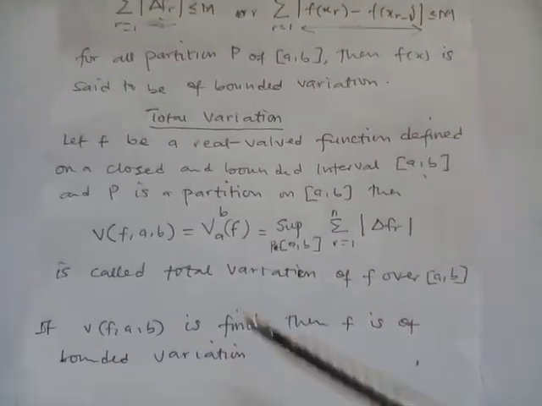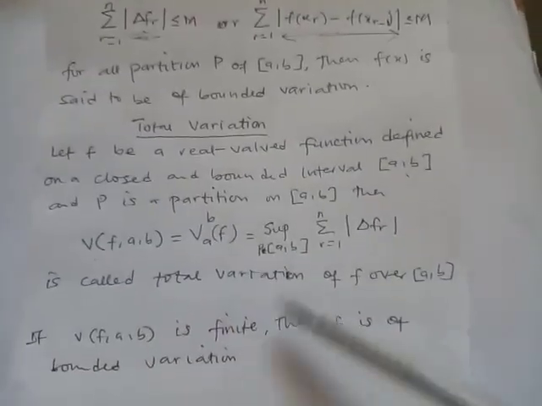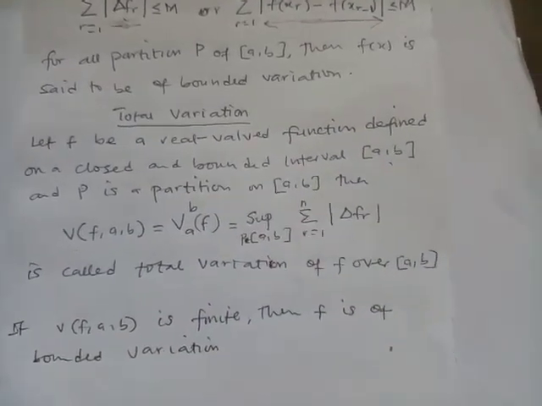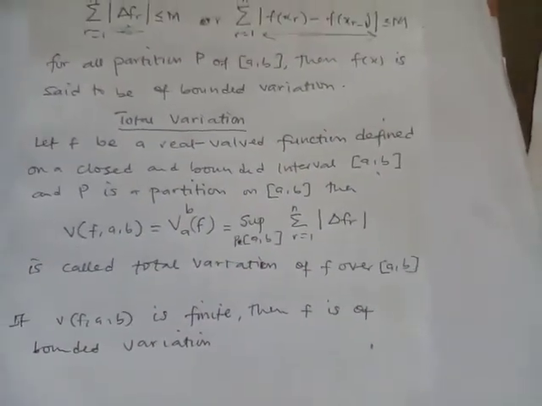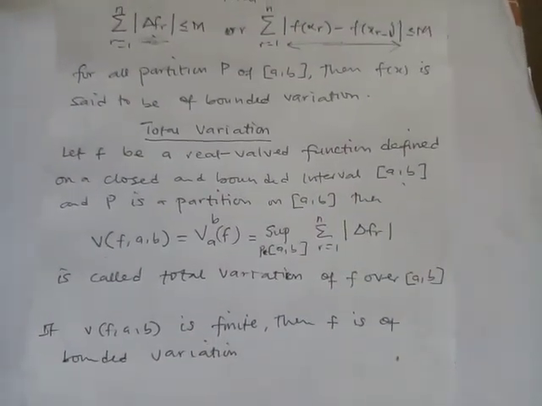So that is another equivalent definition of bounded variation. If you find the total variation and the answer is a finite number, then we say that that function is of bounded variation.